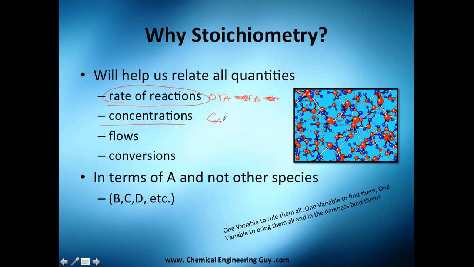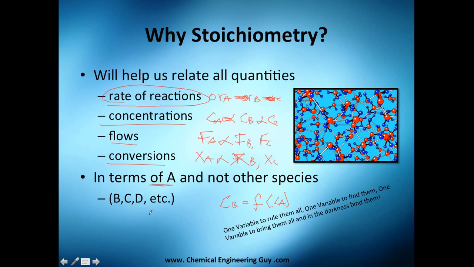Concentrations, also concentration of A, you can relate them, concentration of B, and you can relate concentration of C. Flows, that's true, also F of A, you can relate it to F of B and F of C. And conversion, the conversion of A, you can relate it to the conversion of B and C in terms of A. So imagine having a concentration of B in terms of, or a function of A will be very nice.